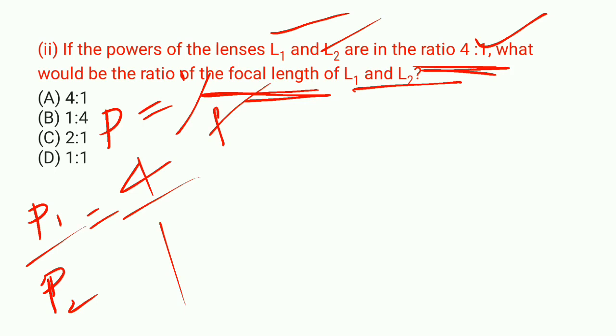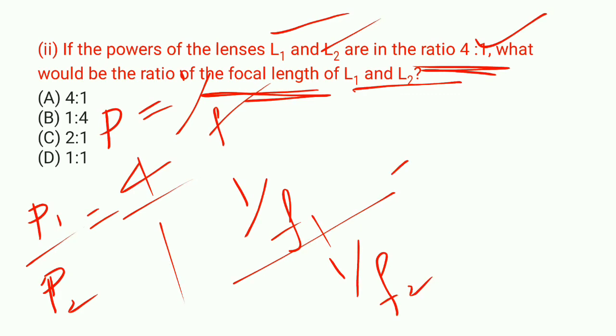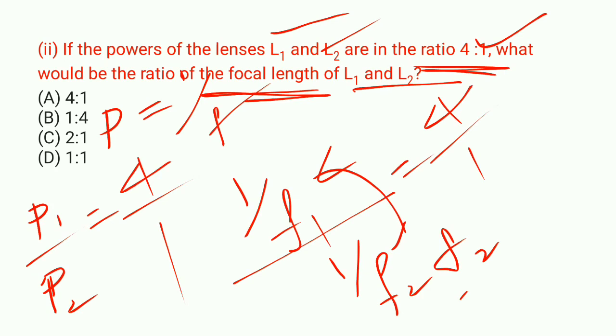So P1 can be written as 1 by F1 divided by P2, which can be written as 1 by F2, and this is 4 by 1 as it is. Now take this F2 to the numerator, so you will get F2 divided by F1 is equal to 4 divided by 1.